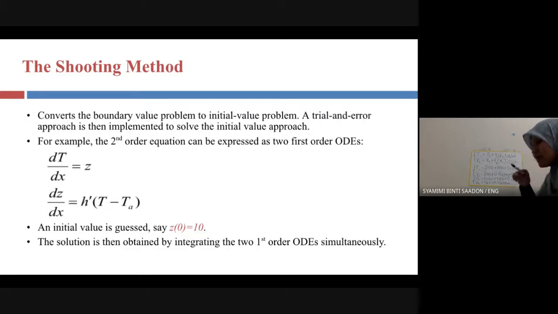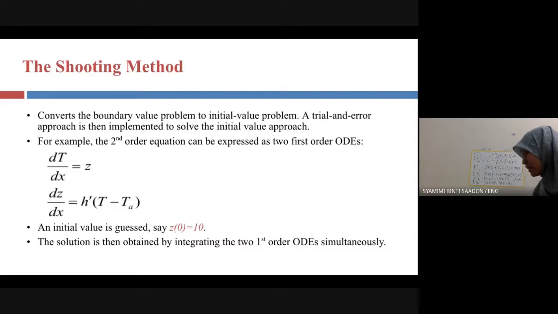Then we compare with the boundary condition given, which is 150, so we are far from the exact solution. So we have to do a second round of calculation. Logically, for the second round we will assume a value which is smaller, because we want a smaller solution to approach the exact solution 150.